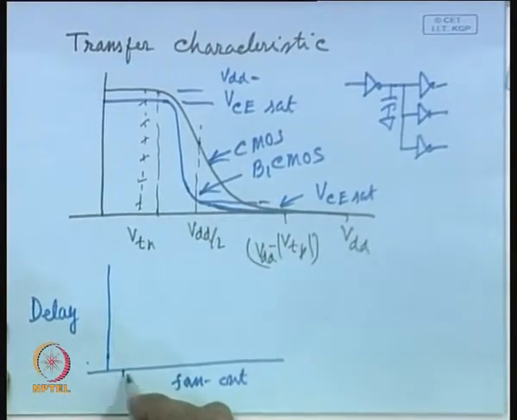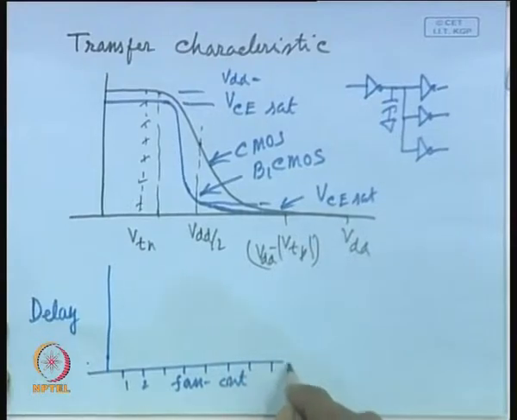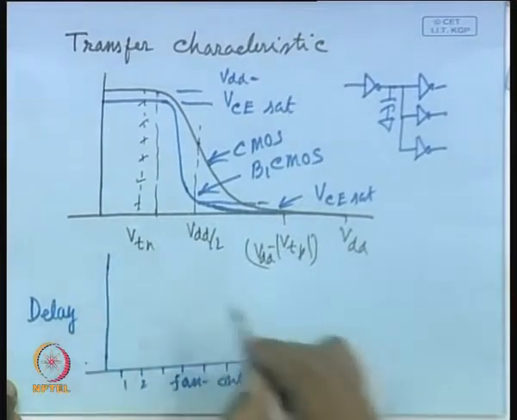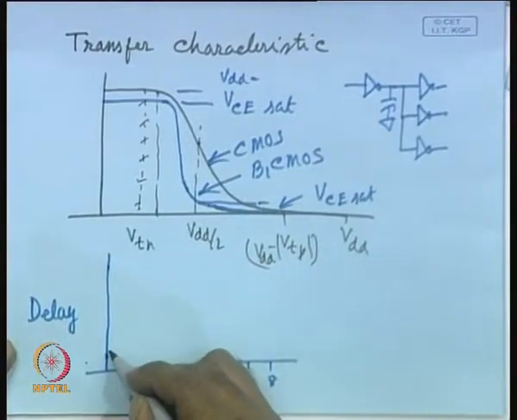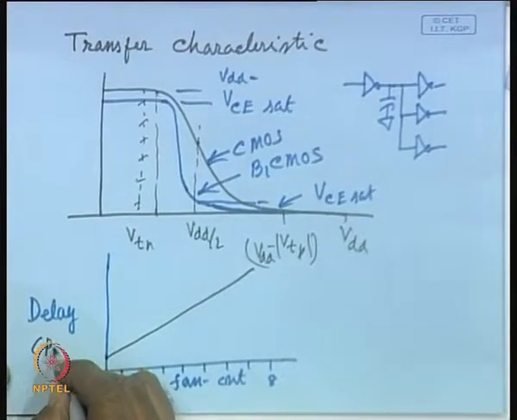So, it is increasing from 1, 2, 3, 4, 5, 6, 7, 8 and so on. Let us assume this is the delay characteristic of a CMOS inverter. This delay will be in picoseconds.